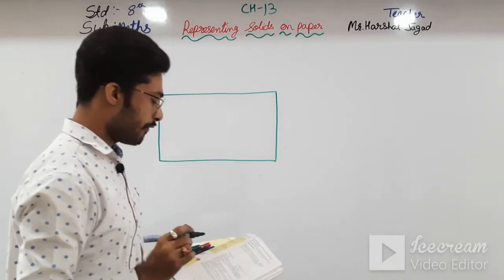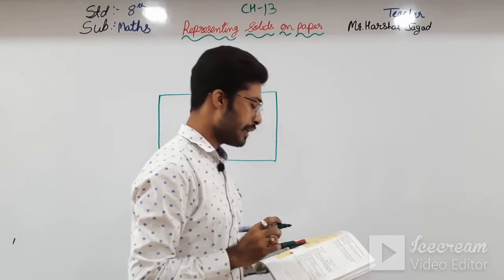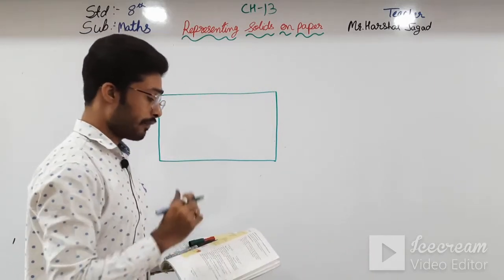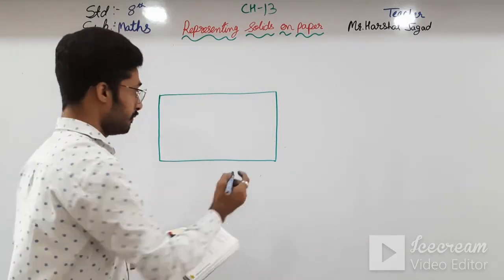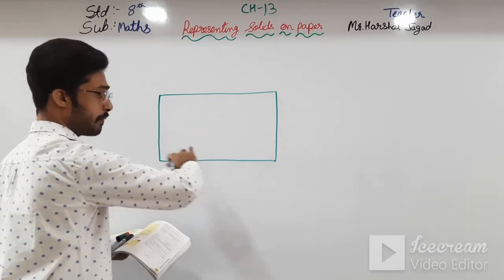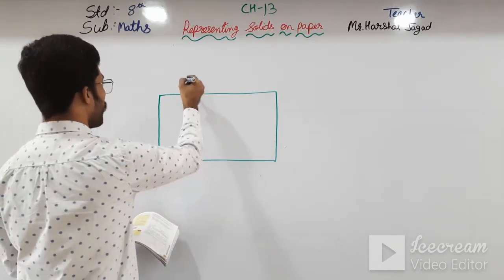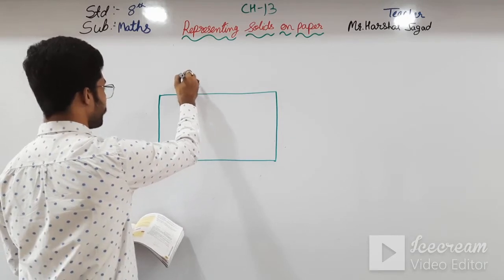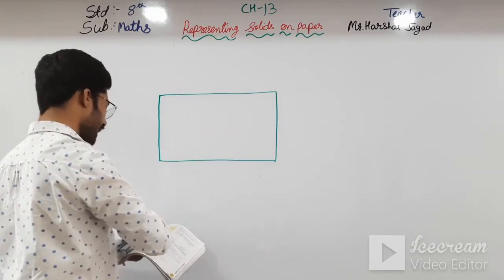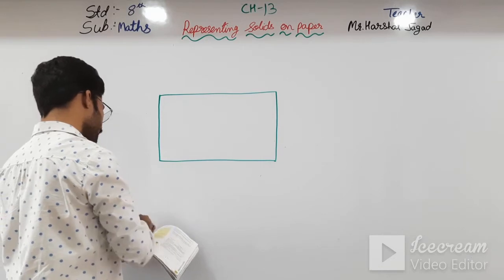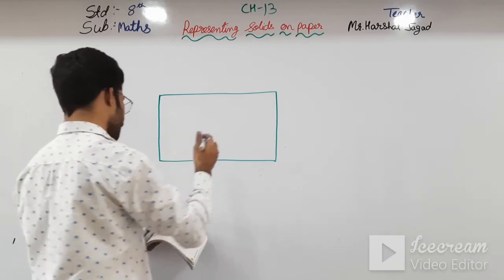Then, in a further position behind, draw the opposite face. This is the front face, and we have to draw the back. So we will draw the back from here. I am drawing the back with the red marker. Okay students, this is the back one.